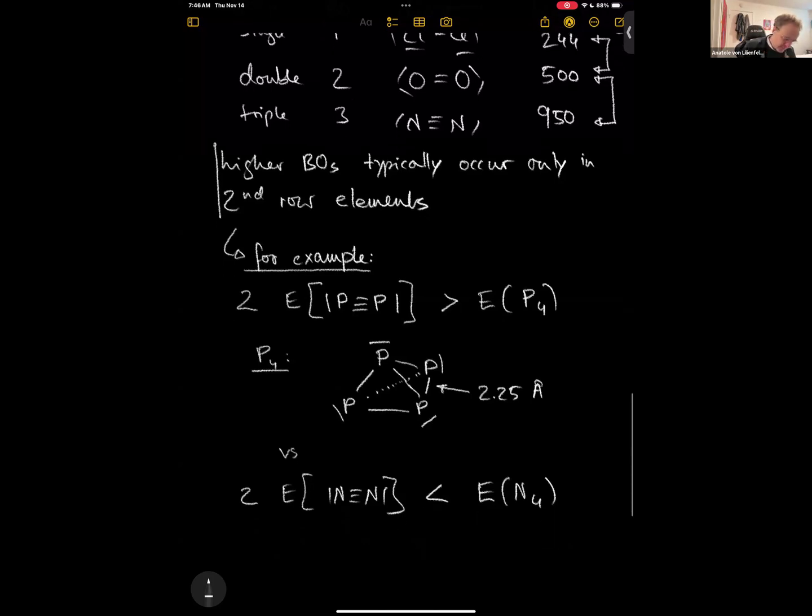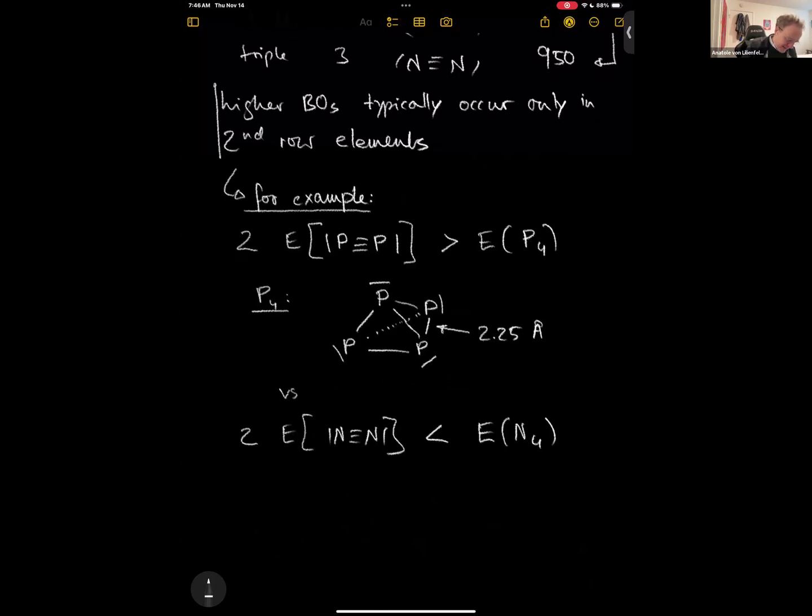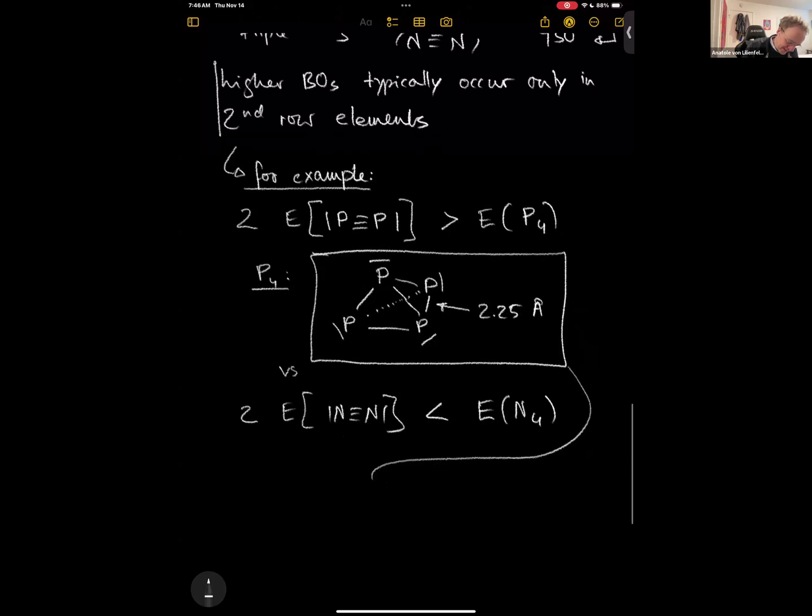Right? Now, this P4 compound is actually quite infamous. It's known as white phosphorus.